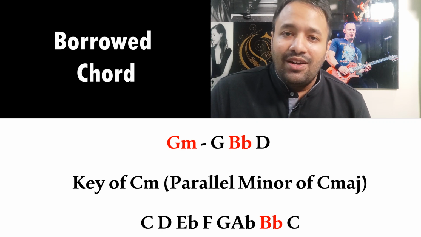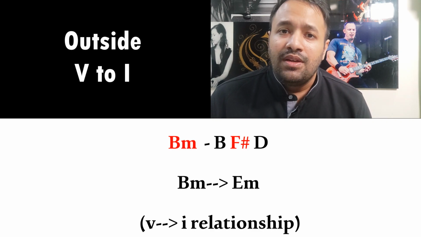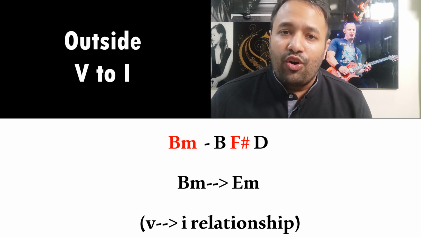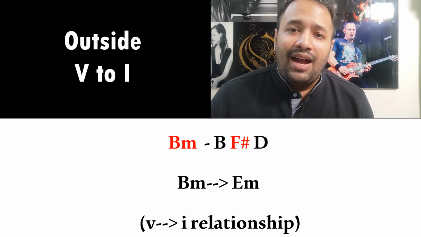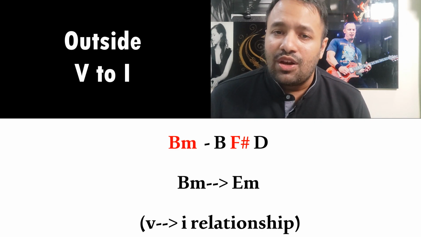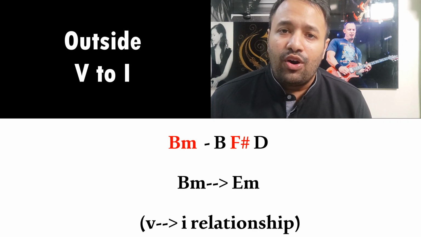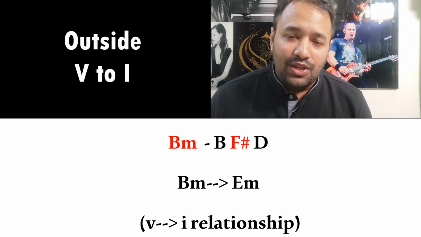Then again a very interesting change, probably the most interesting change that has been used in this song, which is the use of that B minor chord. This can be explained as being a 5 chord to the next chord, that is the E minor. So a B minor resolved to the E minor. This is a universal thing that is used a lot in music and composition, where you can place a 5 chord before any chord to target or approach that particular chord.